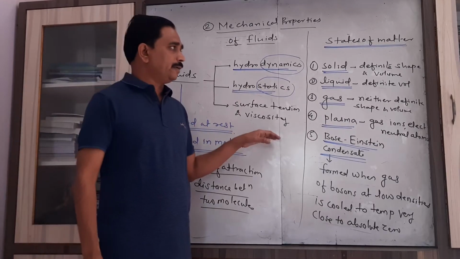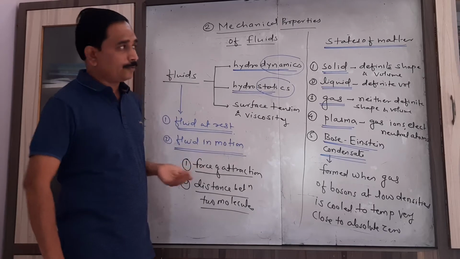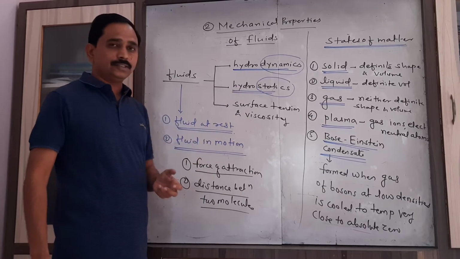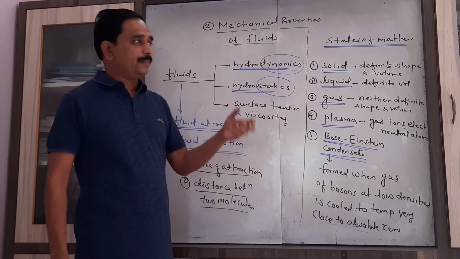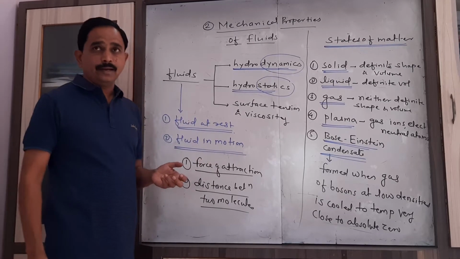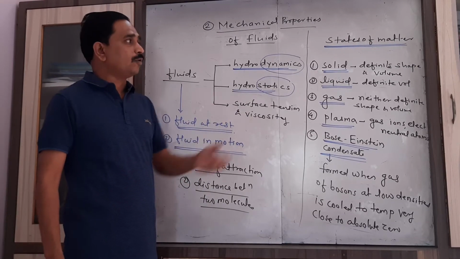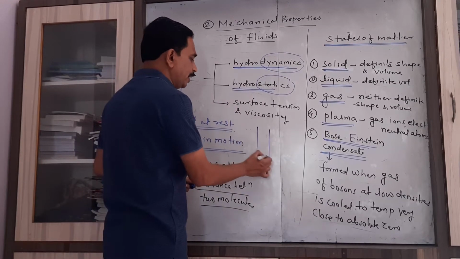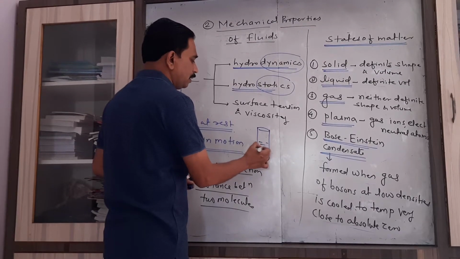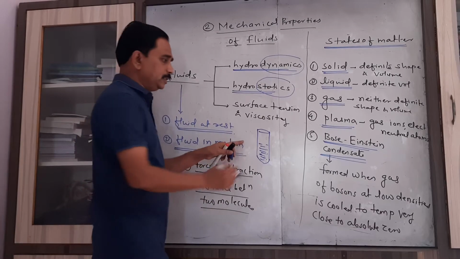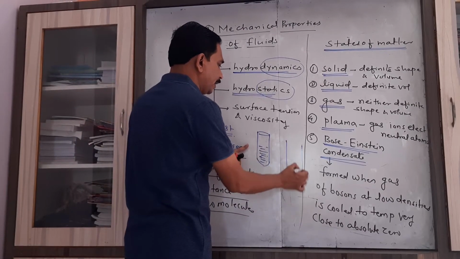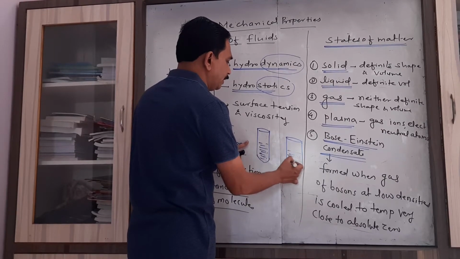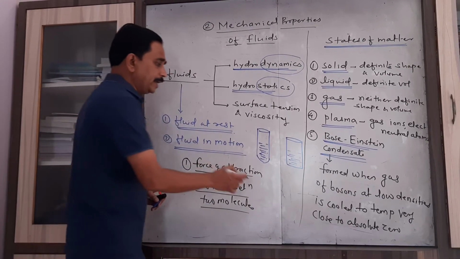So we generally define solids as having the properties of definite shape and definite volume. So solids are those substances having definite shape and volume. Now liquid possesses a definite volume but not a definite shape. Liquid generally takes the shape of the container. If we take the liquid in this type of container, or if you take the liquid in this type of container, then in those two containers, the liquid shape is different.